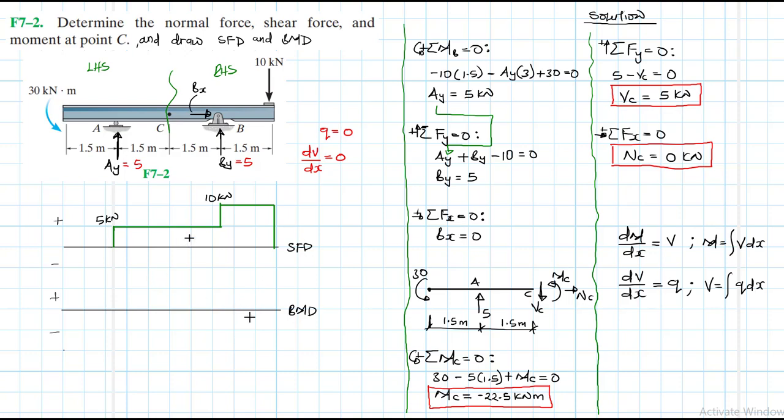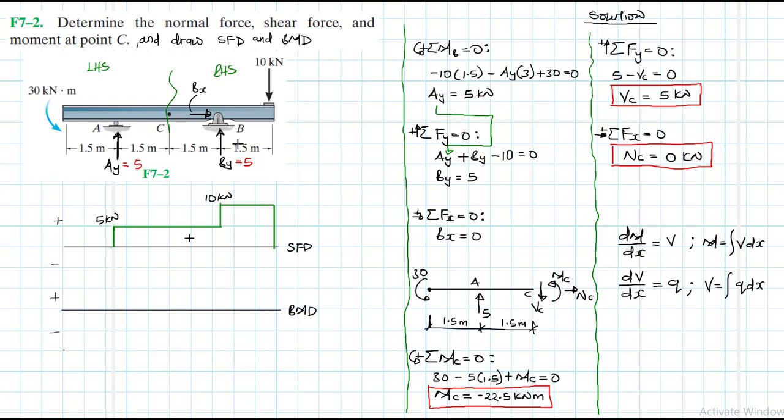All right. So now let's draw the moment diagram. For the moment diagram, we use the same rules, and we know that the moment is equal to the area under the shear diagram, right?